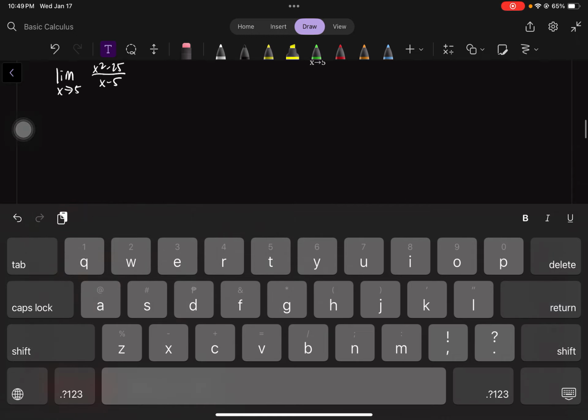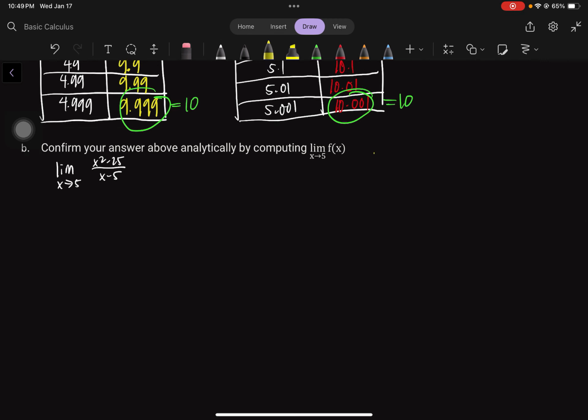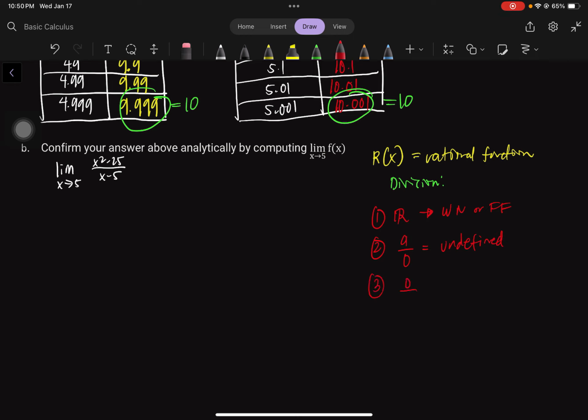Okay. Let's continue. So, in rational functions, or in division, we have possible results. First, we can get a real number as an answer, in whole number or fraction form. Second, we may get a over 0, which we call undefined. Third, we can get 0 over 0, or indeterminate.